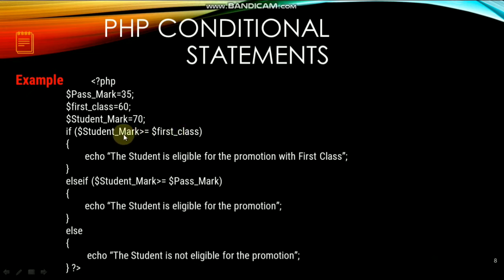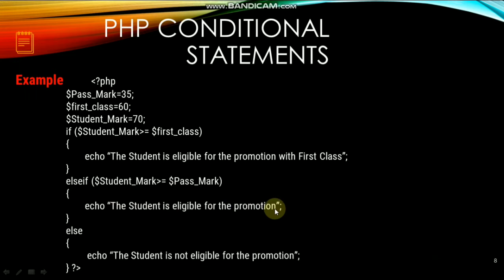Then here the condition will fail: 50 is greater than or equal to 60, the condition is false, so it comes to the else part. Inside the else part it will check whether student mark 50 is greater than or equal to pass mark 35. Here my condition is true, so this statement will be executed. So the output will be the student is eligible for promotion.